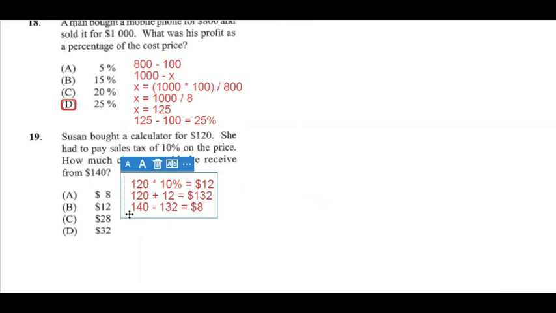So the total amount that she paid for the calculator is the $120 plus the $12 in tax, and that will give us $132. She gave the cashier $140, so it is 140 minus the 132, the cost for the calculator, and therefore Susan's change is $8, and our answer for 19 is A.